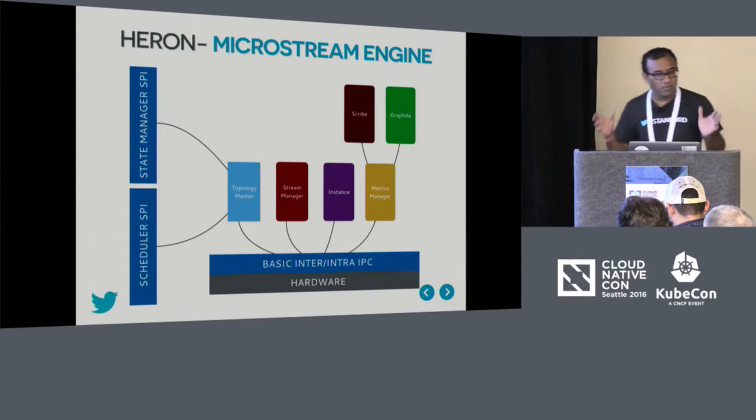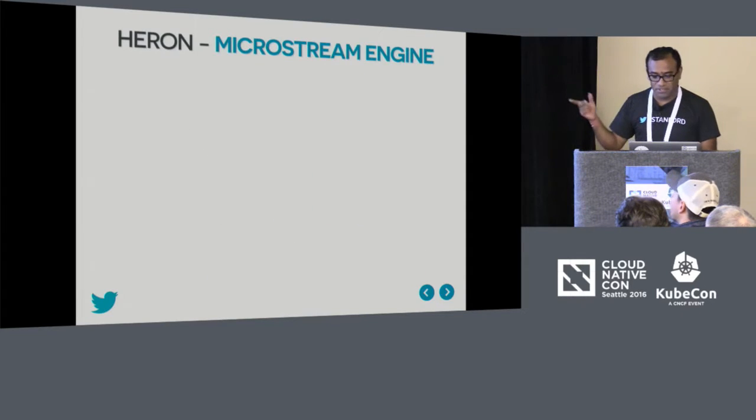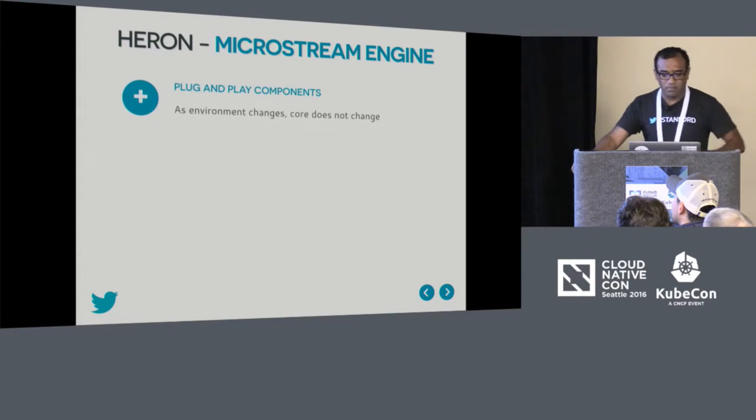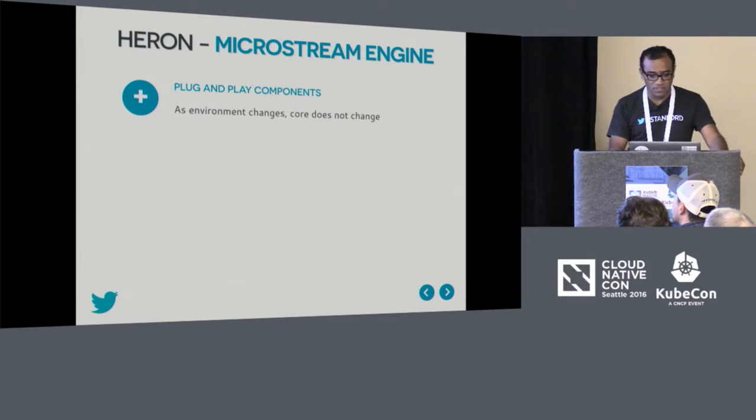This gave a very flexible architecture, when the environment surrounding it is continuously changing. We finished a paper on this and submitted it to ICDE, the International Conference on Data Engineering. It should be available probably early in the first quarter or so. Anyway, it's plug and play components: as the environment changes, the code does not change.